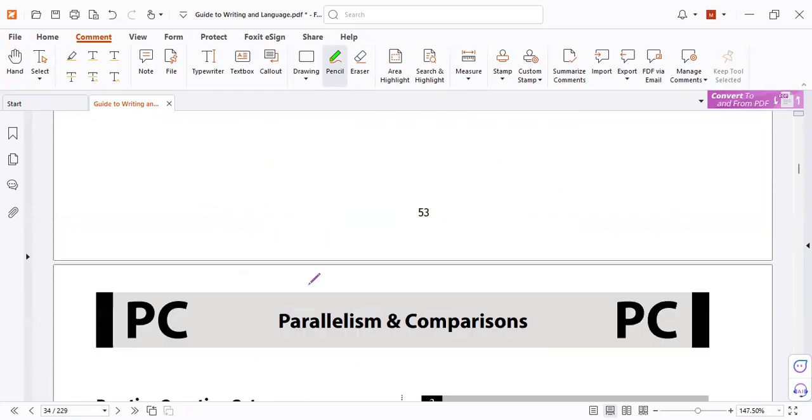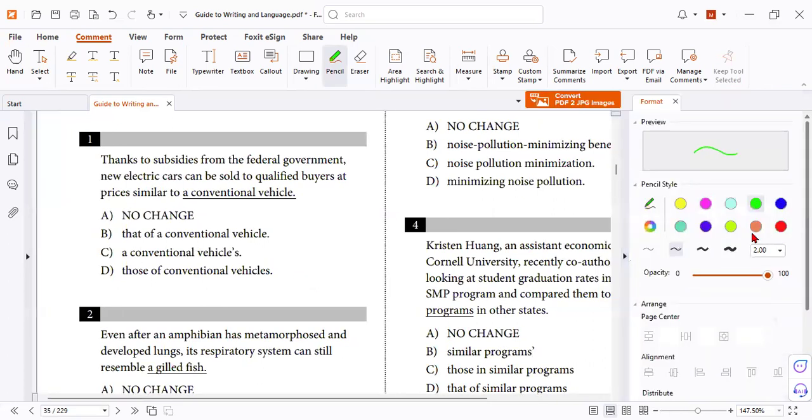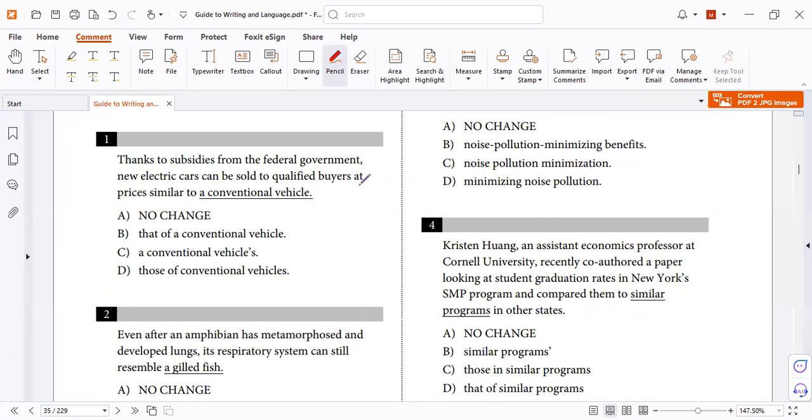Yes. Now I'm going to answer one question and try to see how we answer. So, number one, thanks to subsidies from the federal government, new electric cars can be sold to qualified buyers at prices similar to. What is similar to? The prices. So we compare the prices of new electric cars to the prices of conventional vehicles.